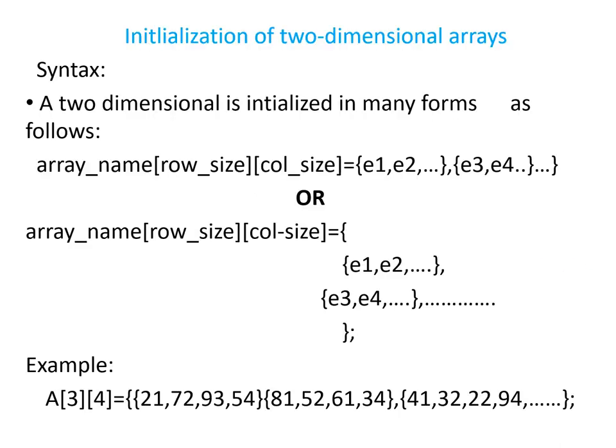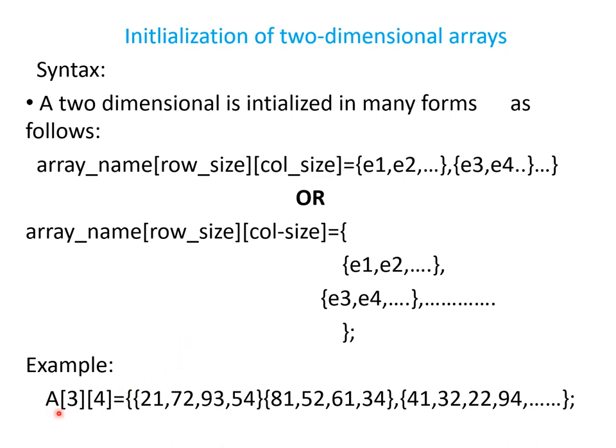Now let us see the initialization of two-dimensional arrays. Syntax: the initialization of two-dimensional arrays can be done in many forms as follows. Let us see this form: array name, row size, column size, and the elements of the rows and columns.